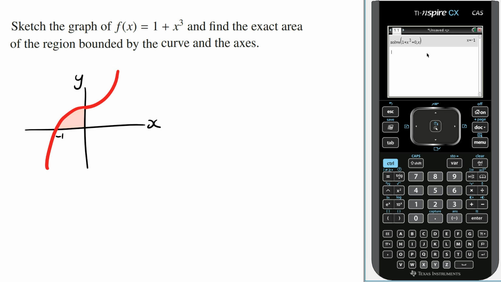And so notice again, the curve for this region is above the x-axis, which means we can write the area is equal to the integral from -1 to 0 of the function 1 plus x cubed dx. And using the calculator, we can work this out.